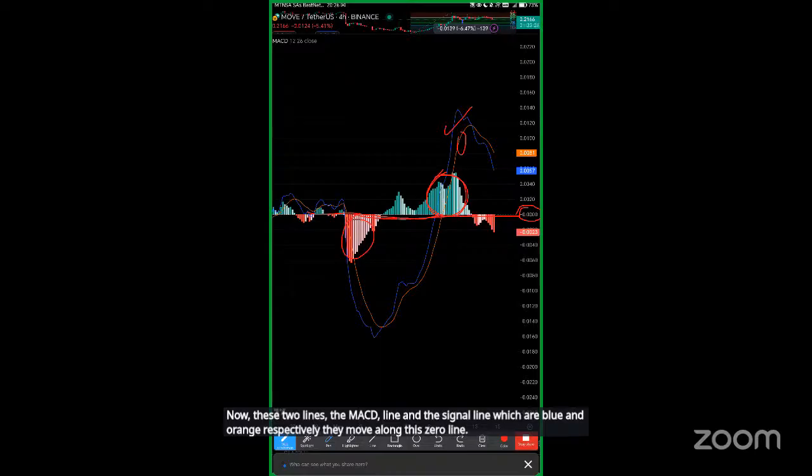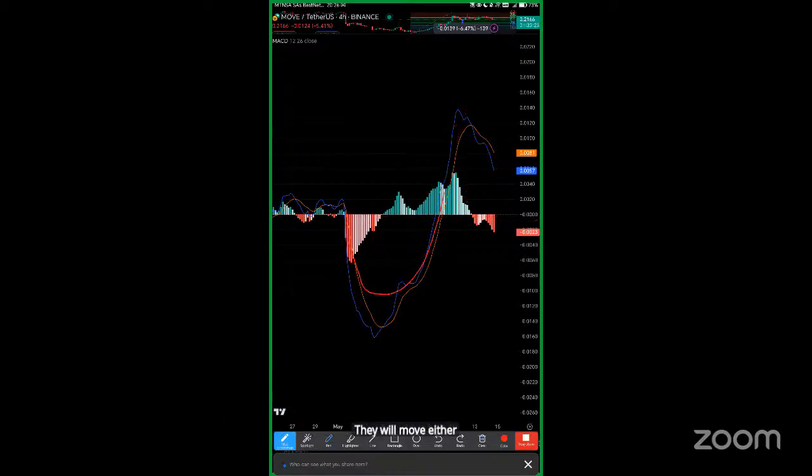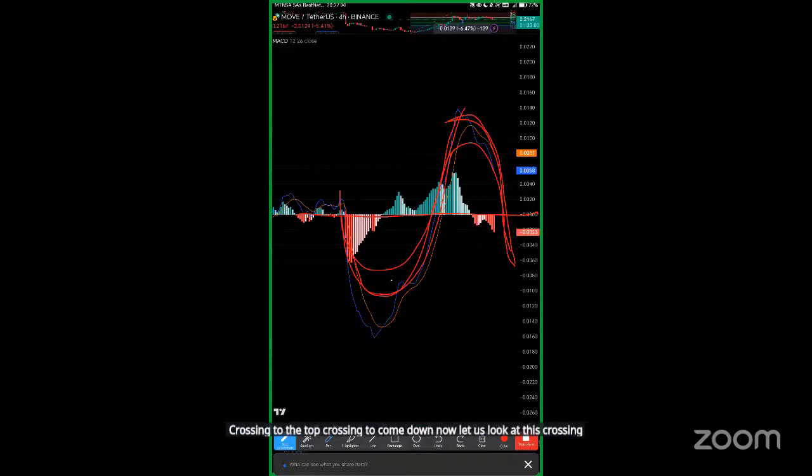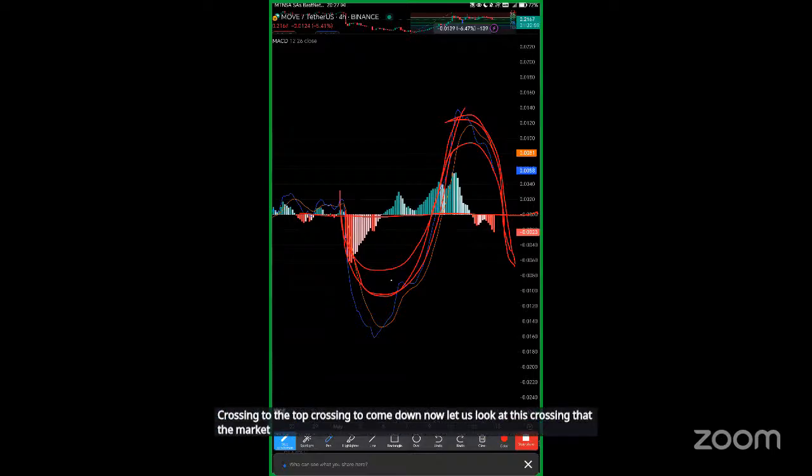They will move either going to the top or come down. But the movement is along this line, which is the zero line. So they will be crossing to the top, crossing to come down, crossing to the top, crossing to come down.